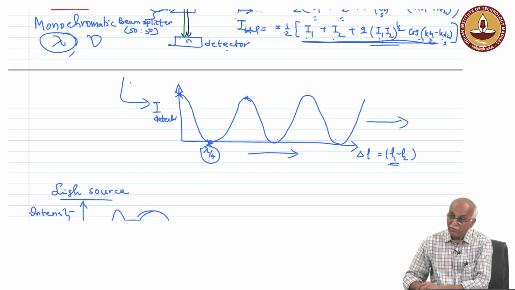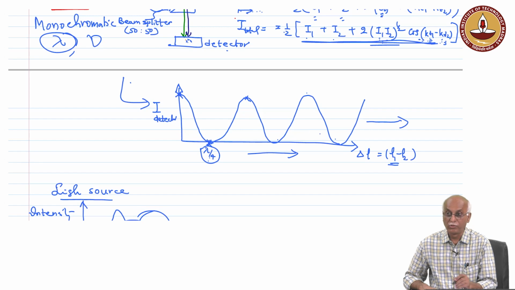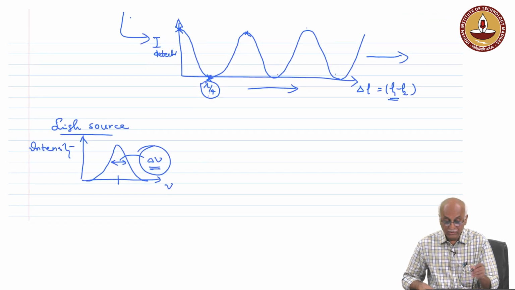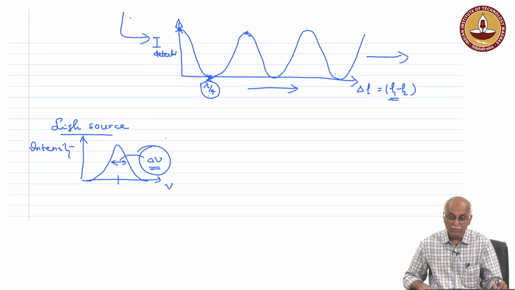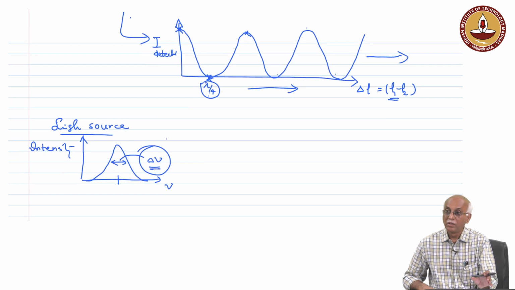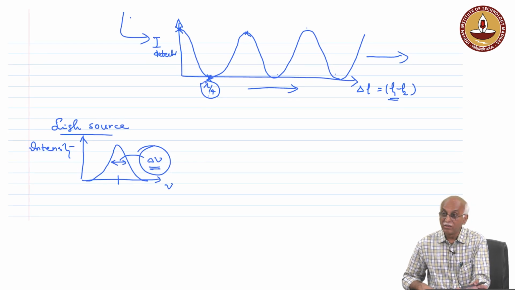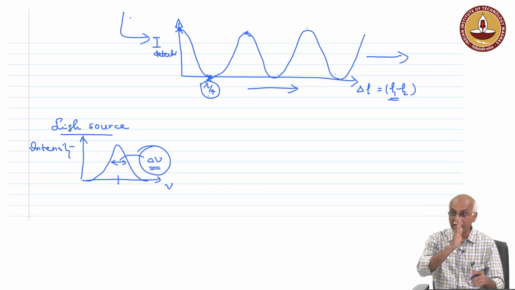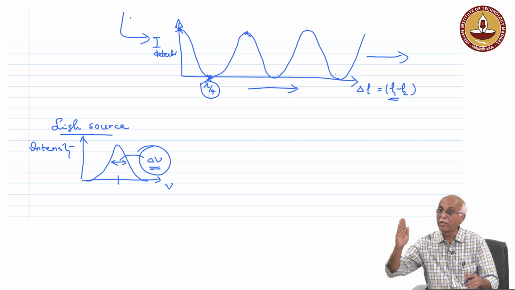No. If it is a monochromatic light source, we can observe that, but if it has a bandwidth, then depending upon the bandwidth, there is a length up to which we can observe this change in the intensity as one of the mirrors in the interferometer moves.